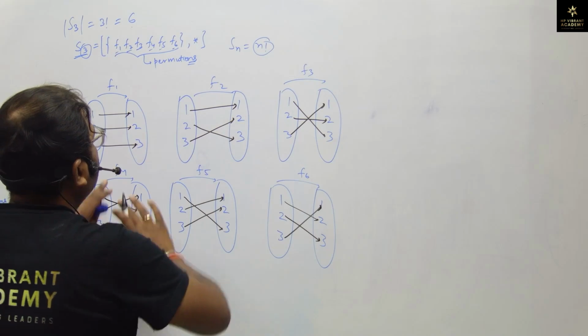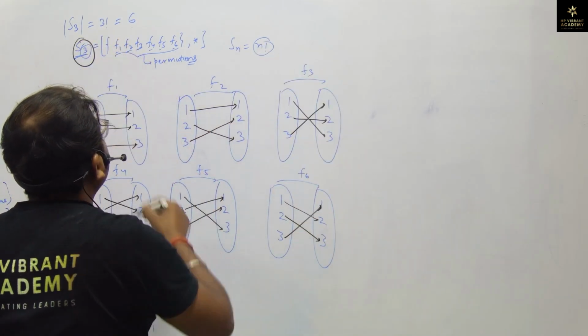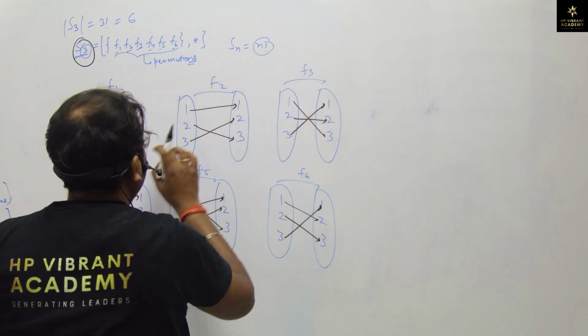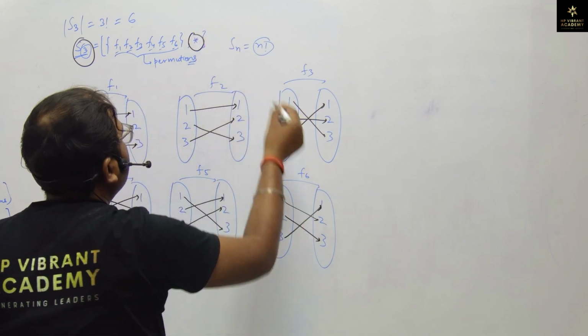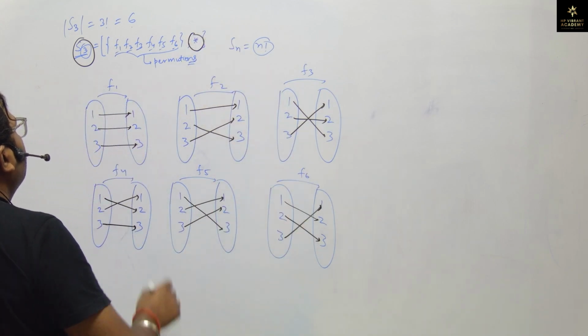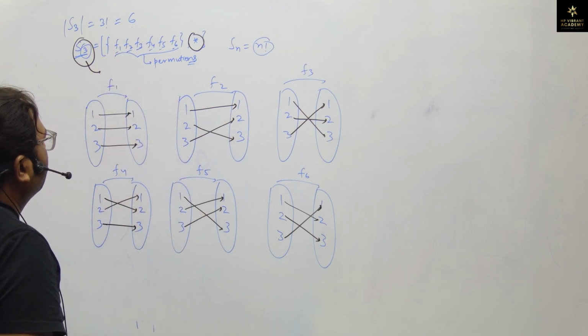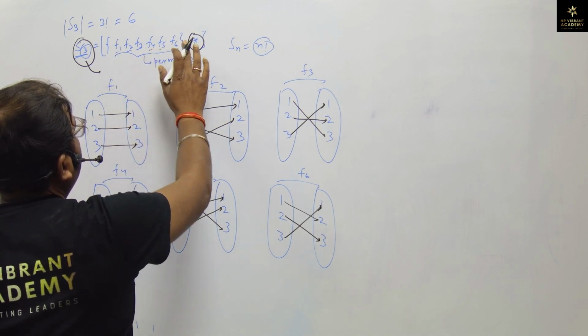So all these mappings are included in this group S3. All these elements, that is F1, F2, F3, F4, F5, F6, form a group under the operation composition of functions. So this is nothing but the symmetric group on 3 letters.